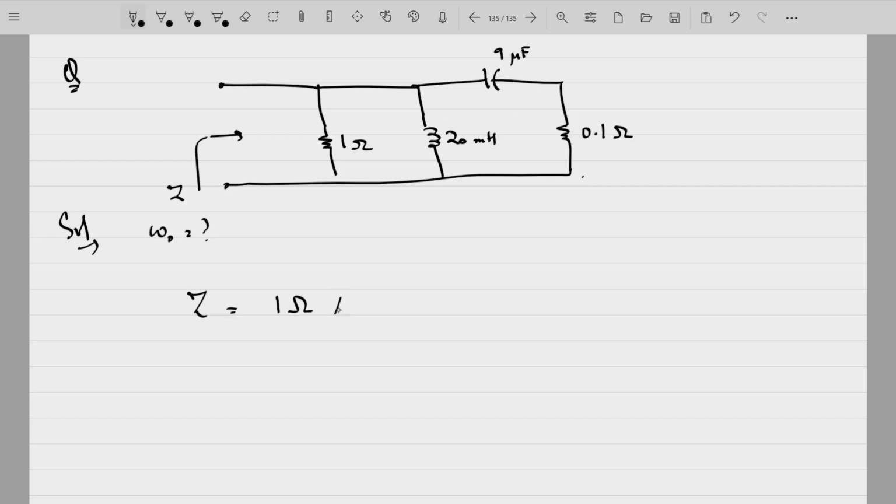that is in parallel with 20 millihenry inductor, that is actually an impedance of reactance of j omega L. So this is j omega L, that is 20 into 10 to the power minus 3, and that is in parallel with 0.1 plus 1 by j omega C. C here is 9 into 10 to the power minus 6.